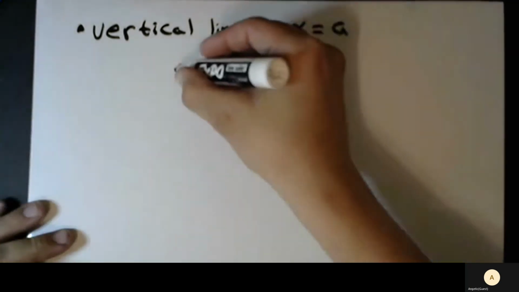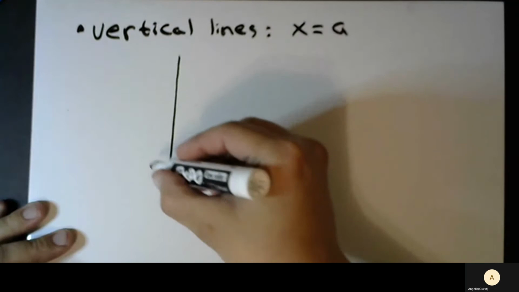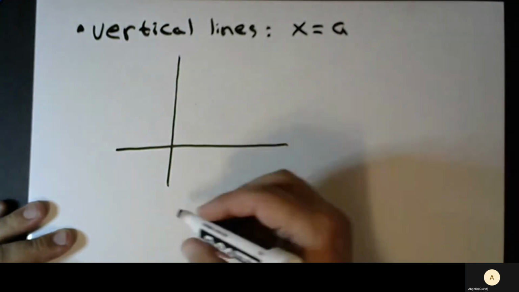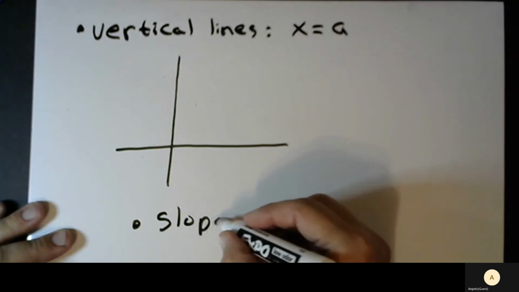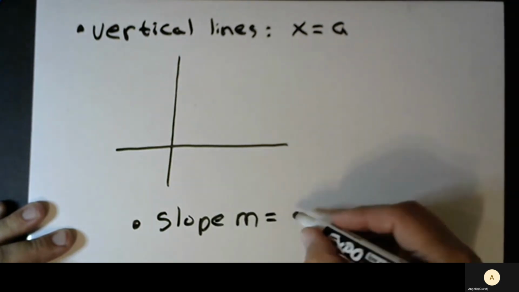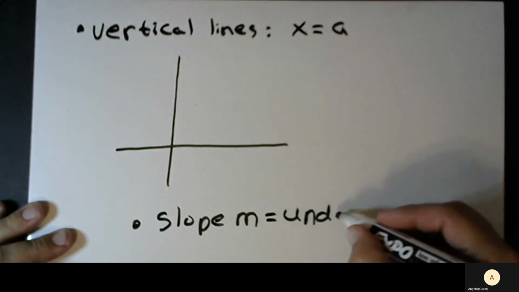And really, the thing with the slope, I mentioned this here, slope m is undefined.